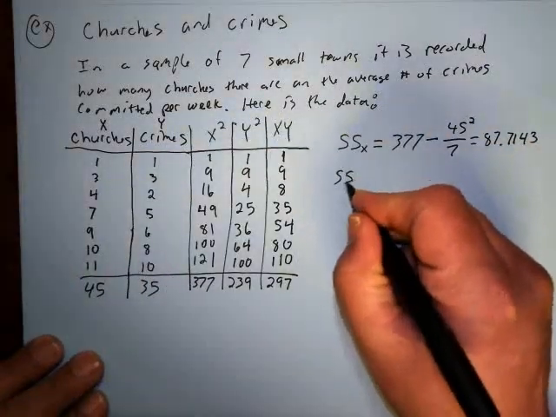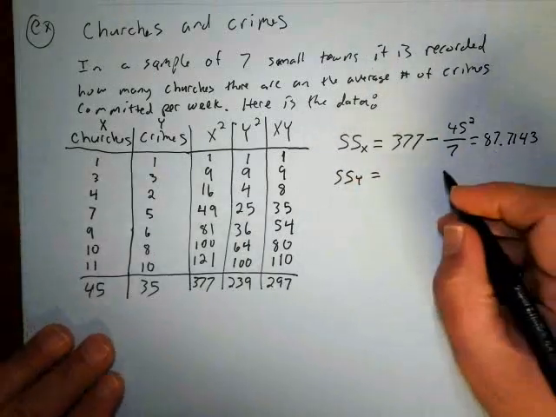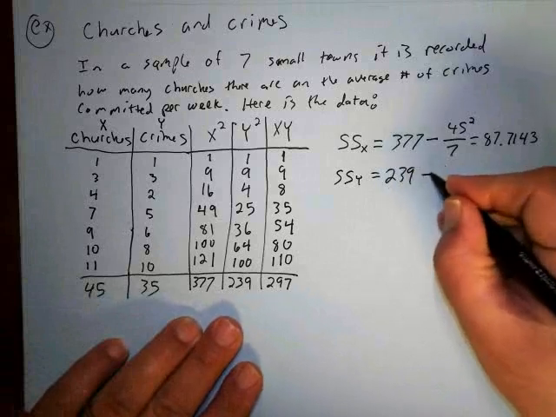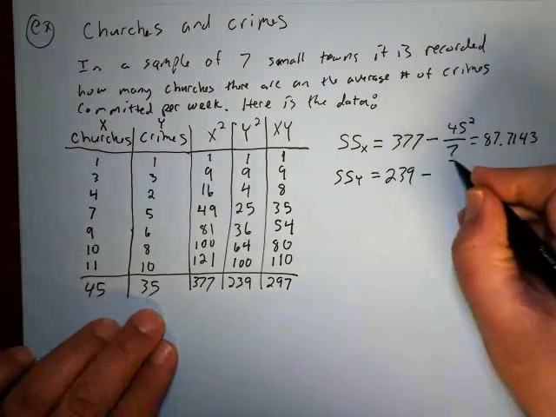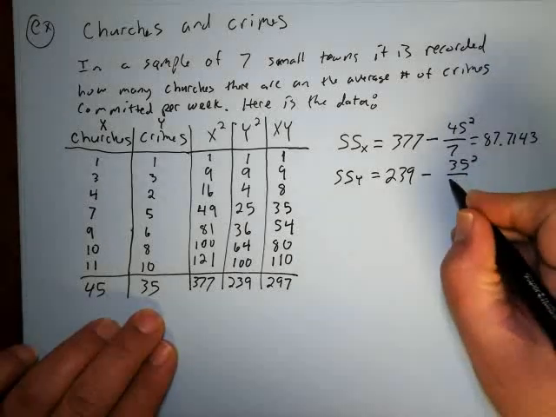And then SSY. This is going to be the sum of y squared, 239, minus the sum of y, that quantity squared, over 7.